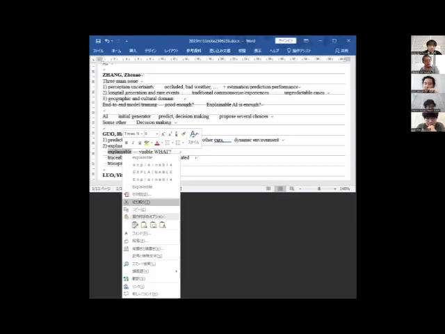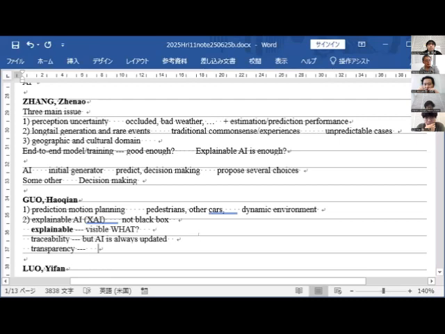Explainable AI. I think the explainability of the AI means which part of the input the output depends on. For example, in autonomous driving, if a car decides to stop, what makes the AI model decide to stop the car?